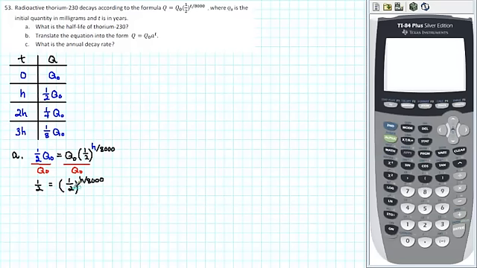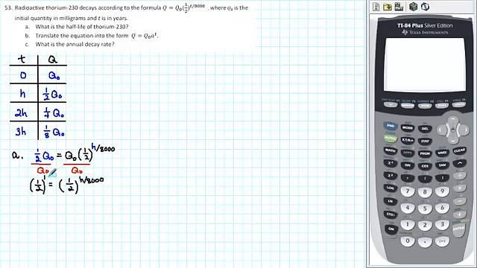Notice that both sides of the equation are exponential expressions with a base of 1/2, provided that we write 1/2 as 1/2 to the first power. In order for two exponential expressions with the same base to have the same value, their exponents must be equal to each other. So it must be the case that 1 = H/8000.